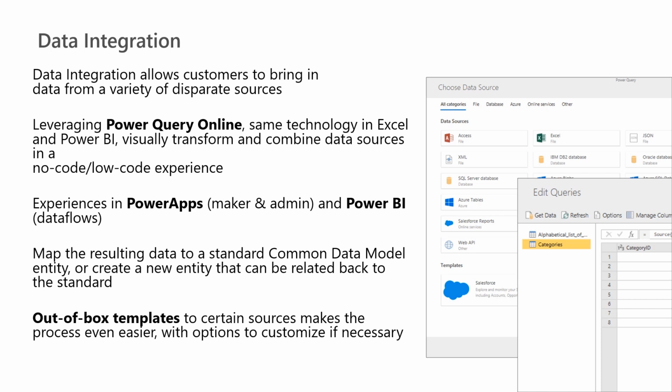You have a number of data sources, everything from SQL to Azure tables to Salesforce, IBM databases that you can bring data in from, transform it, and bring that in. There are templates for some of the common sources, things like Salesforce, to bring data into the platform. Once the data is integrated into Common Data Service, you can use all the tools that are available to the Common Data Service on that data.